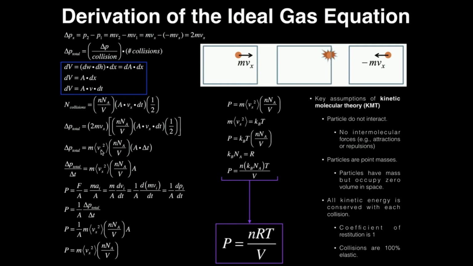Okay, so the mass times the root mean square of the velocity, and then I'm still left with this concentration term times the area times, now I'm going to change it to delta t, although it really doesn't matter, the time interval. Okay? Now, I'm going to divide through both sides by this delta t. So when I do that, I get what's down here, the total change in momentum over the total time interval. So delta p over delta t. All right? And then I have all this stuff. Mass times the root mean square of the velocity times the concentration term times the area.